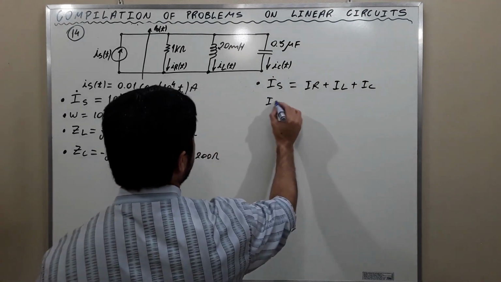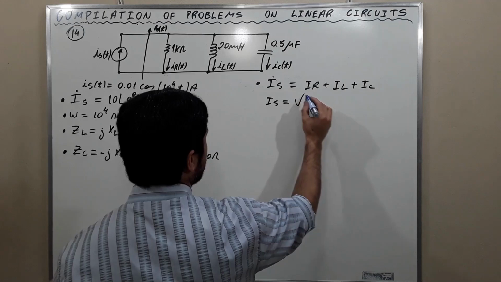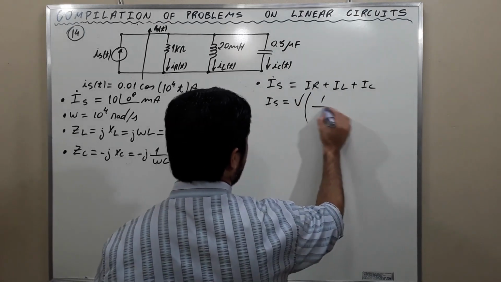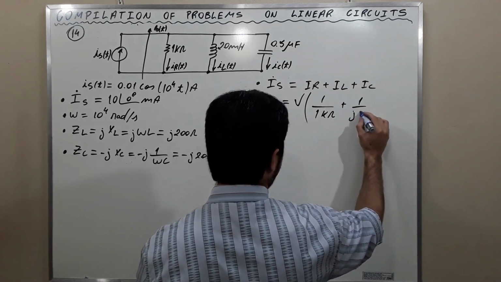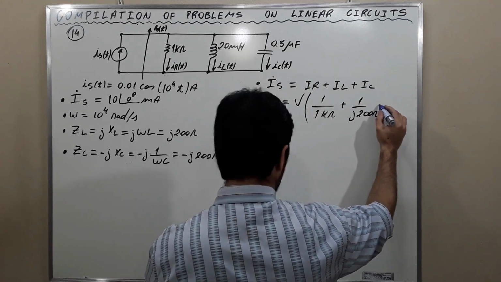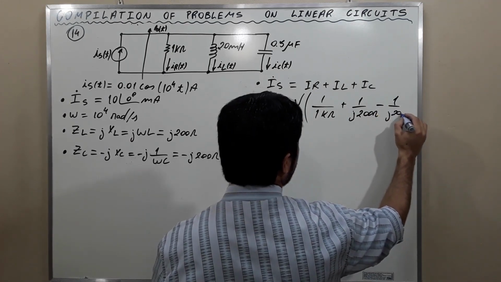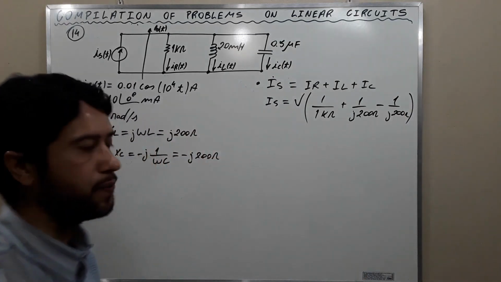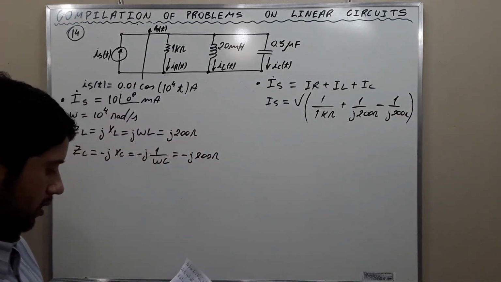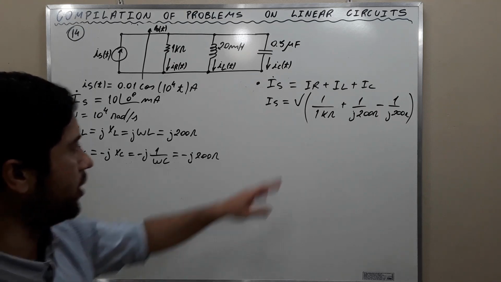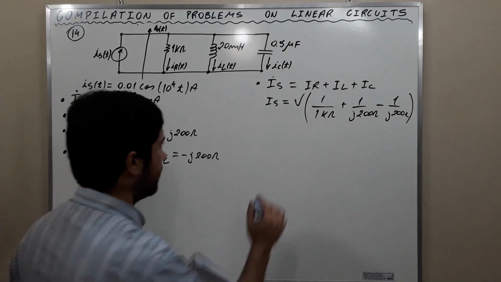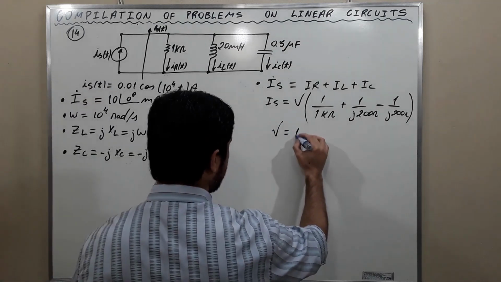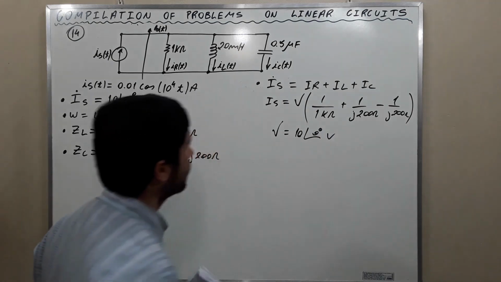IS is going to be equal to V times (1 over 1 kilo ohms plus 1 over J 200 ohms minus 1 over J 200). Manipulating this and using that IS is 10 phase 0 degrees milliamps, we find that V is equal to 10 phase 0 degrees volts.